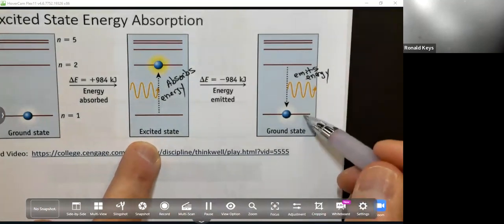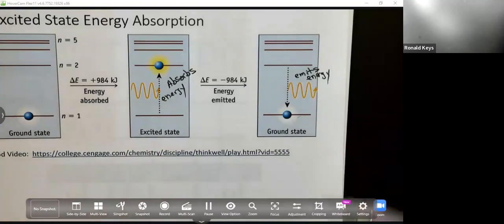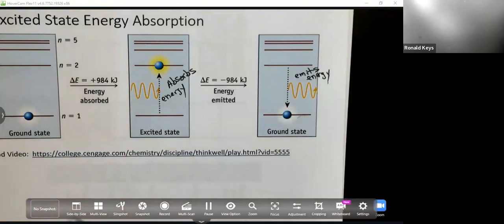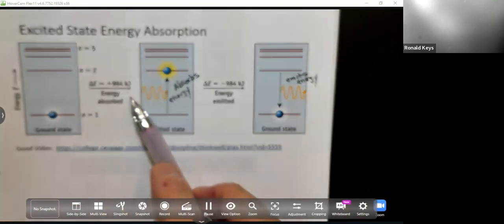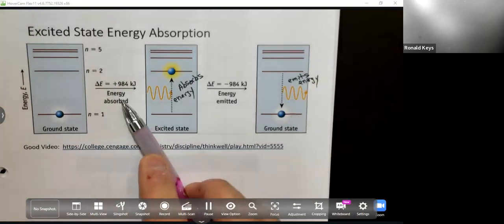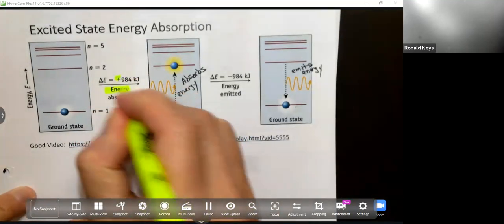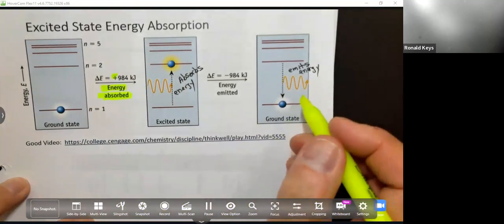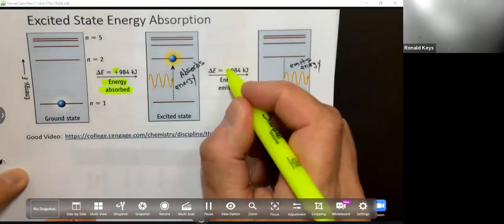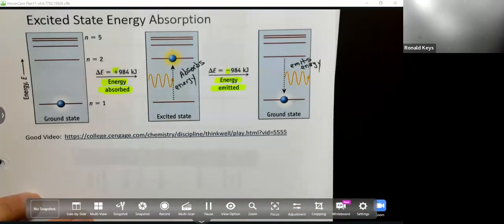And if it comes back down to energy level 1, we would not see this. Now, the exact energy it absorbs is the exact energy it releases, just equal and opposite sign, right? The exact energy it absorbs is the exact energy it releases.